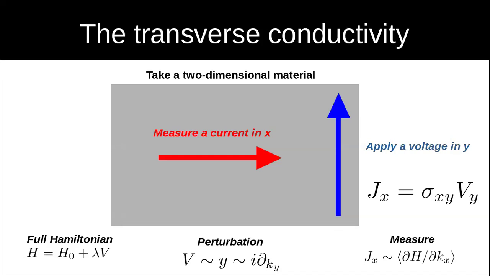So we are going to have some original Hamiltonian for this material that is going to be H0. The perturbation that we add to this Hamiltonian is a voltage in the y direction, that is essentially y, or if you write it in momentum space, a derivative with respect to ky, and then our observable is the current in the x direction, that in practice you can write as the derivative of the Hamiltonian with respect to kx.